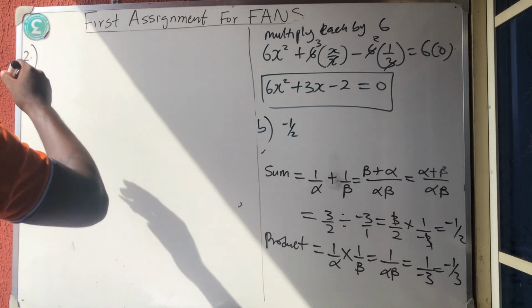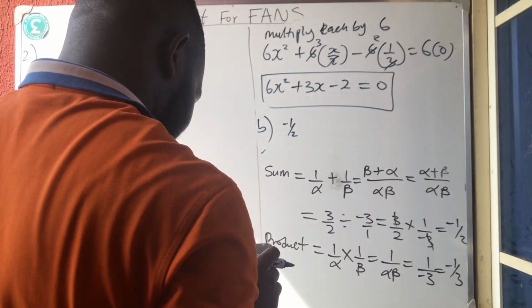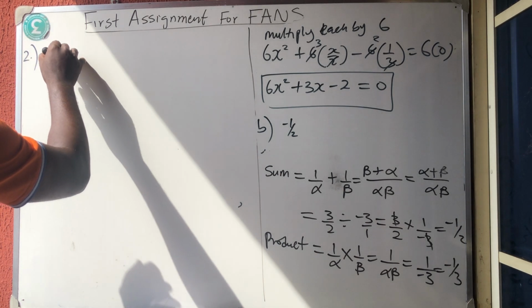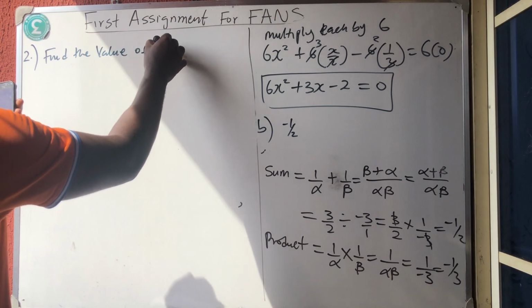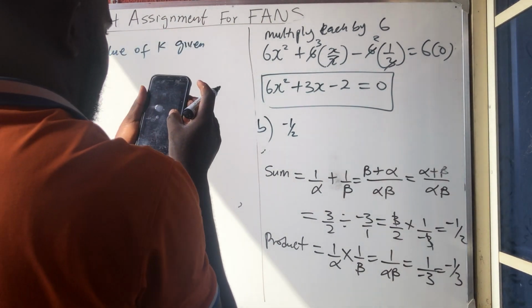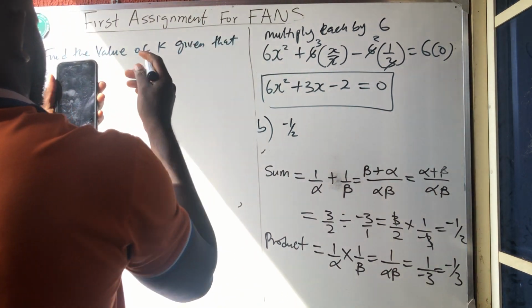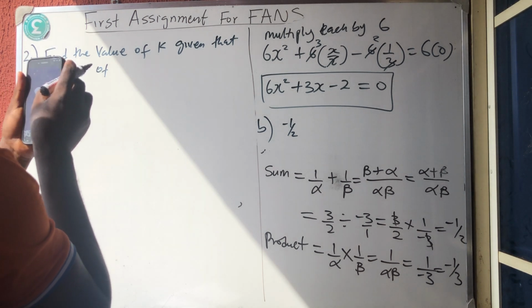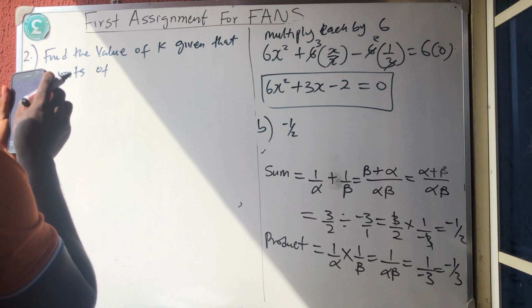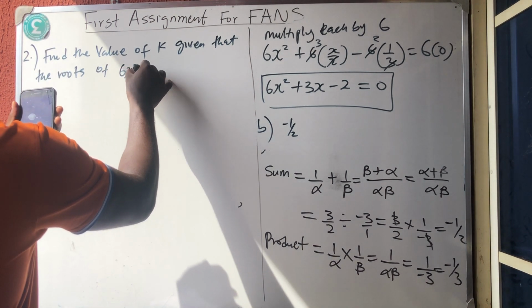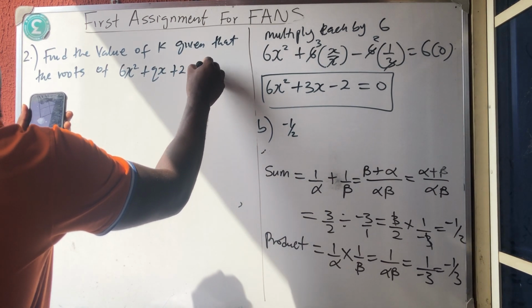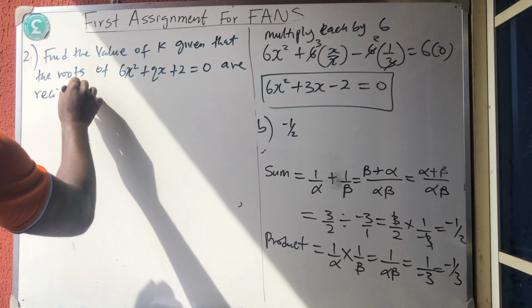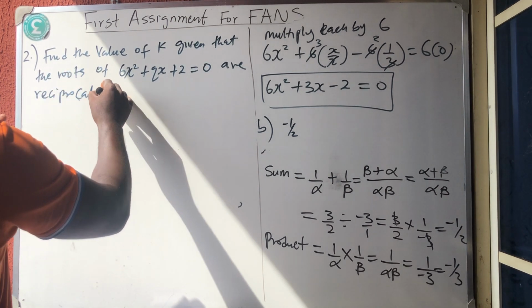Now question number 2. Question number 2 says, find the value of k given that the roots of 6x squared plus qx plus 2 is equal to 0 are reciprocal to each other.